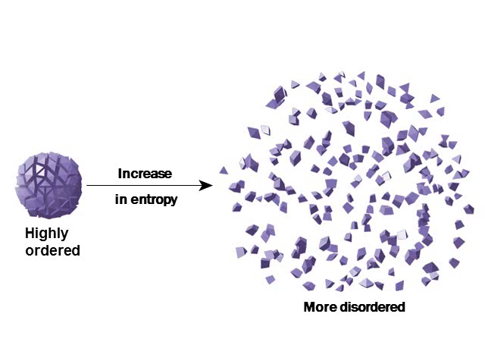So we have all of these purple blocks highly ordered together into a sphere. Over time, or as things get transformed from one form of energy to another, it's going to increase our entropy. And entropy is just a measure of how we categorize disorder or chaos. So over time, things go towards more disorder, or they go towards chaos.